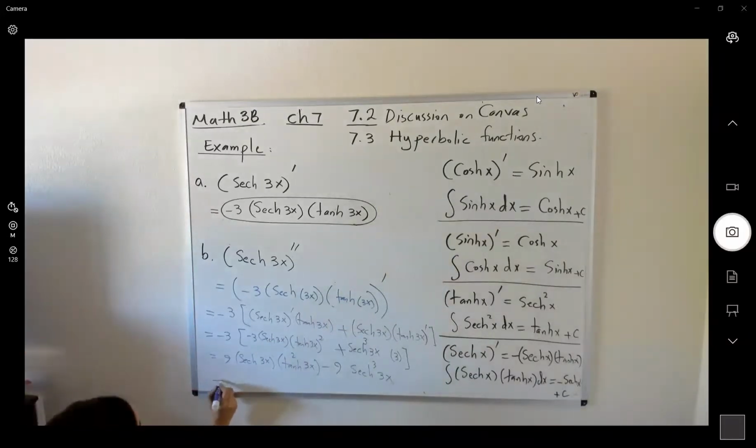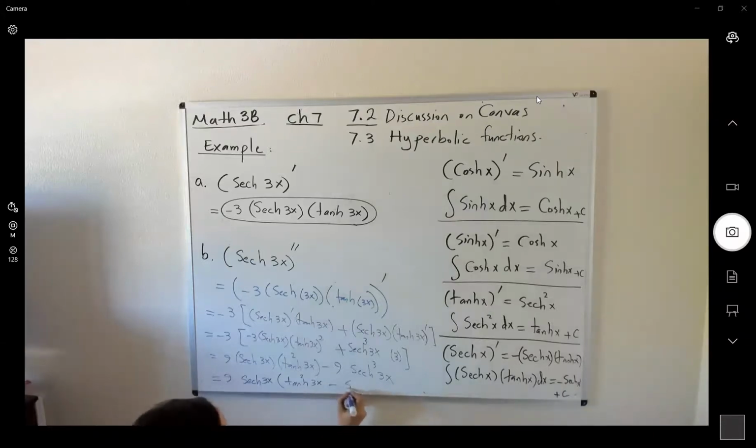You can write it as 9 hyperbolic secant 3x, you're left with hyperbolic tangent squared of 3x minus hyperbolic secant to the exponent 2. So write this a little bit further here. And this is your final answer.